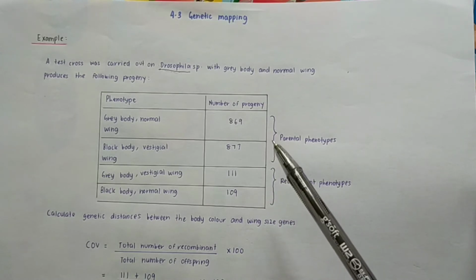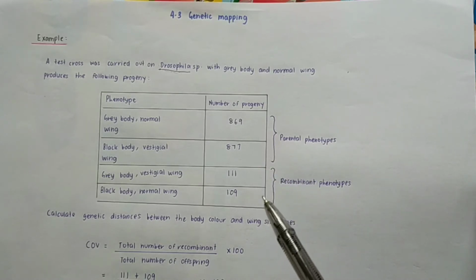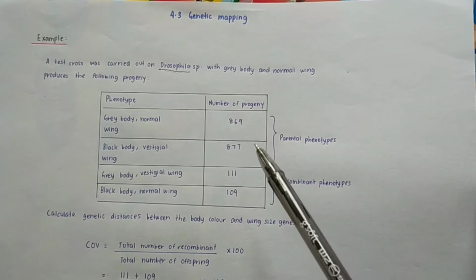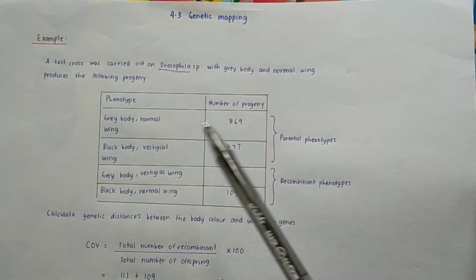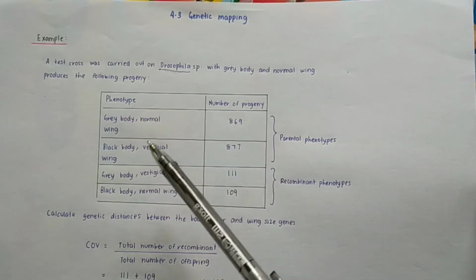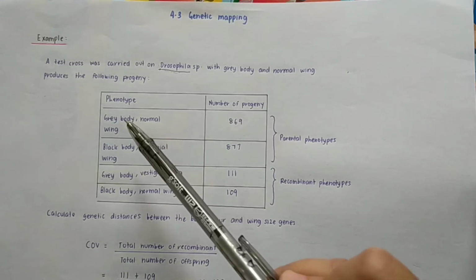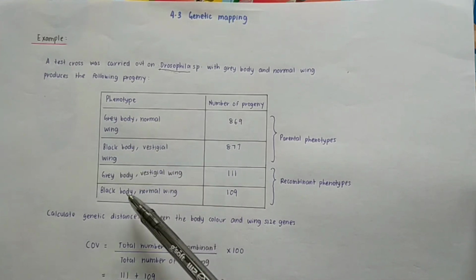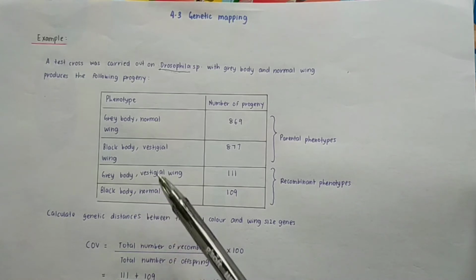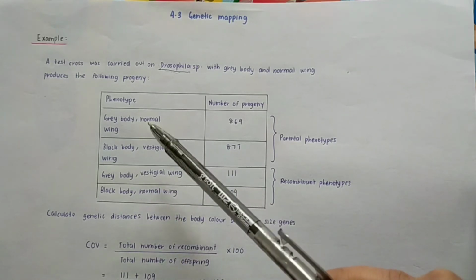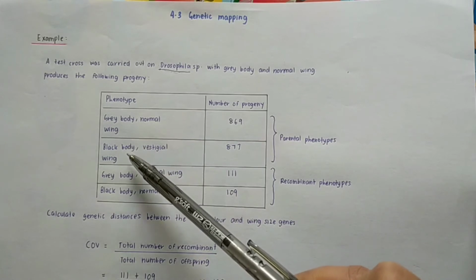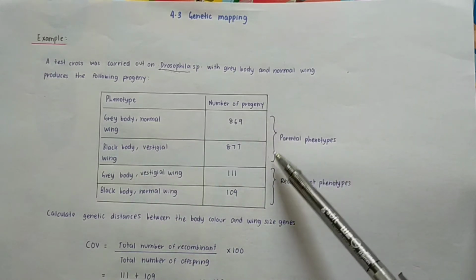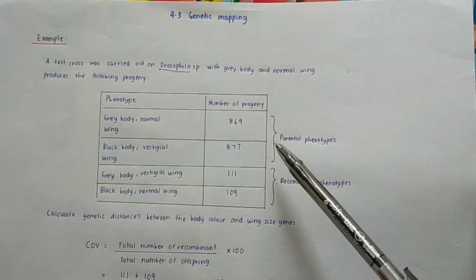Firstly, how to identify whether the question is about linked genes or not. You look at the number of the progeny produced. If you look at this table, it has 4 different phenotypes: grey body normal wing, black body vestigial wing, grey body vestigial wing and black body normal wing. Grey body normal and black body vestigial are both parental phenotypes.